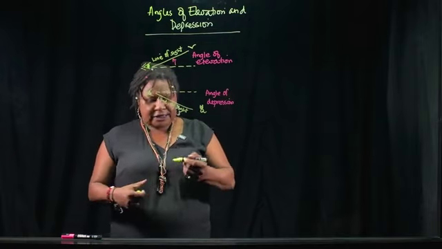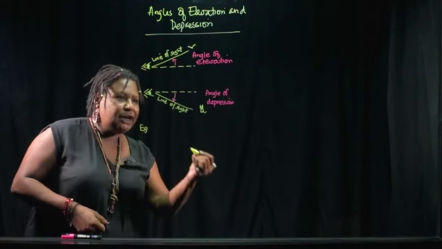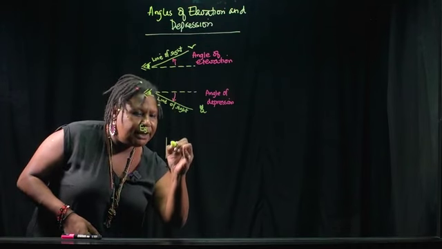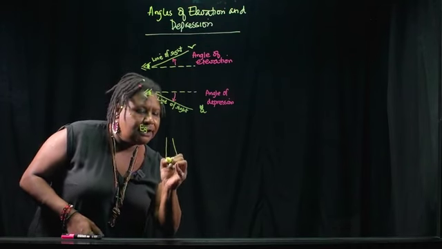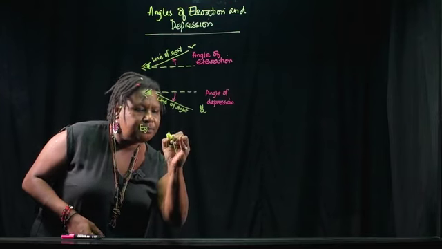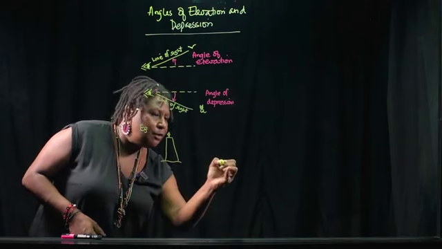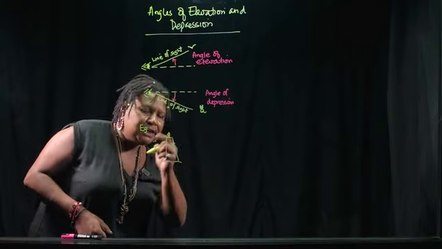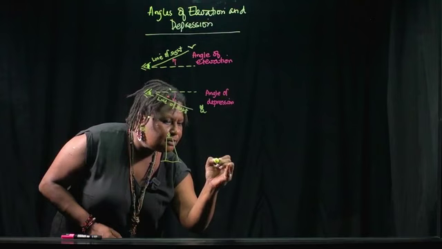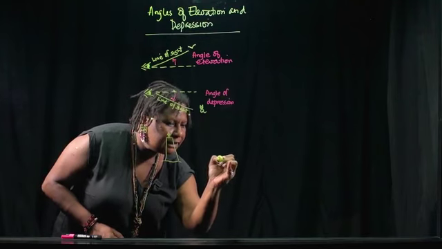Now let's illustrate some of these angles. One example showing an angle of depression: let's say we have a lighthouse. The keeper of the lighthouse is at the top of the lighthouse, and he's looking down at a boat out at sea.